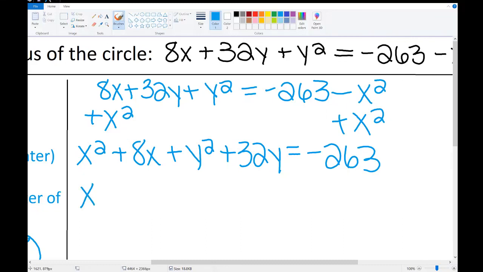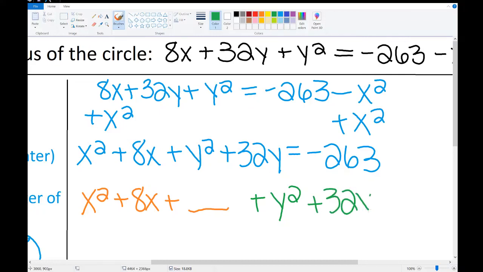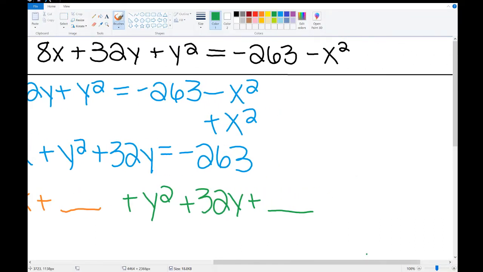Now this is where complete the square is going to be coming into play. I'm going to rewrite this, and hopefully it'll look a little bit more like complete the square to you. I'm going to use two different colors. It's orange. So we have x squared plus 8x, and I'm going to leave a spot for when we're completing the square, and the rest of the equation.